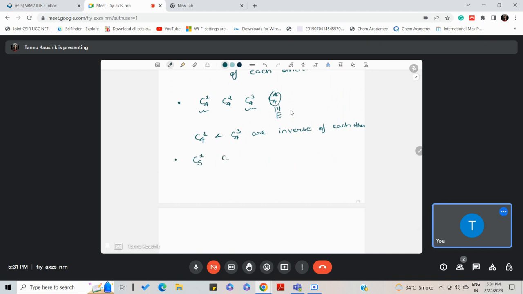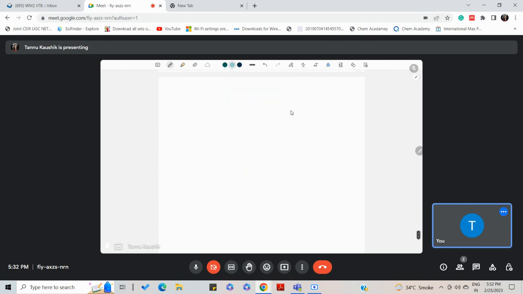Similarly, in the C5 axis of rotation, C5^1, C5^2, C5^3, C5^4, and C5^5 is again the identity element. So here C5^1 and C5^4, and C5^2 and C5^3 are inverse of each other.